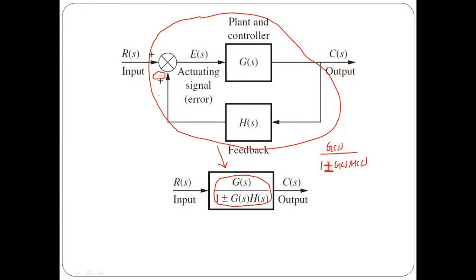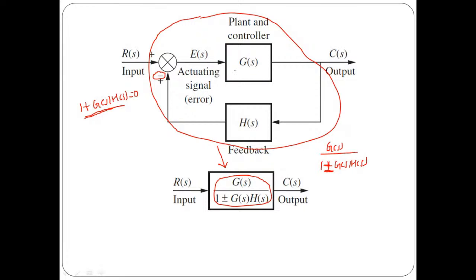That's why the characteristic equation is indicated by the expression 1 plus G of s into H of s equals 0. This is very important. So this formula you have to remember. And while applying the block diagram reduction technique, this will be one of the most important rules to reduce when we have this type of combination.